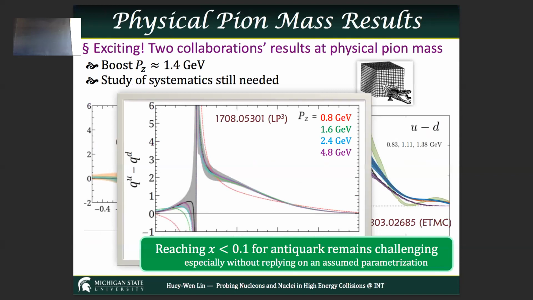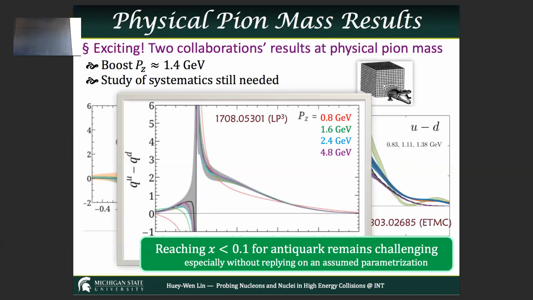It depends on your momentum. Again, if you have smaller momentum, you have bigger problems in the small x and antiquark regions. Even with large zPz in this case, there will still be some difficulty recovering the small x and the antiquark area.